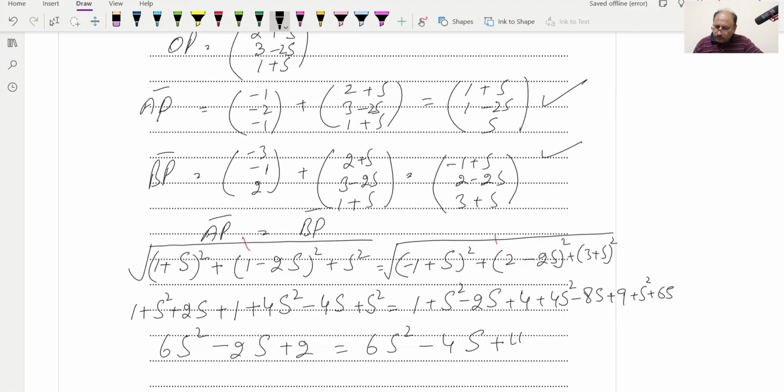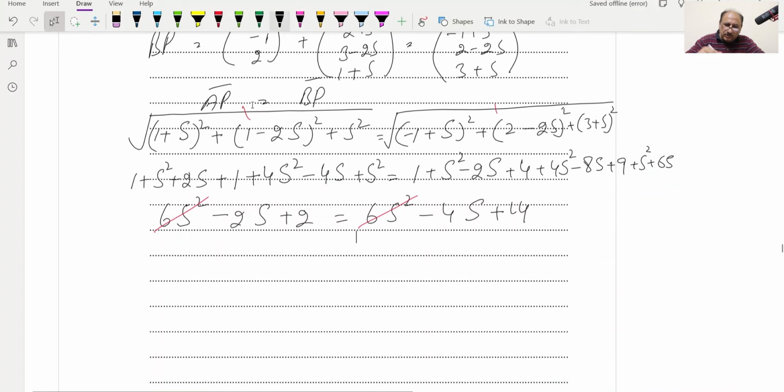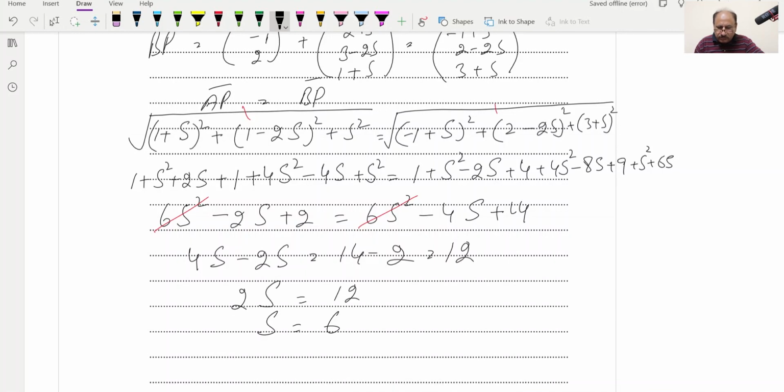The 6s squared we can cancel, and we can rewrite it as 4s. We shift to the other side, so 4s minus 2s is equal to 14 minus 2, which is 12. So 2s is equal to 12, which implies s is equal to 6.